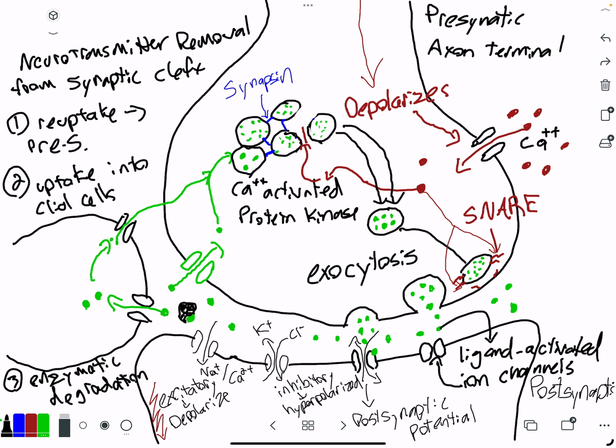It represents an enzyme that breaks down our neurotransmitters, altering its form so it's no longer the neurotransmitter. It might break it up into multiple different components depending on the neurotransmitter. But this enzymatic degradation makes them inert to the receptor, so they can't bind to the receptor anymore.